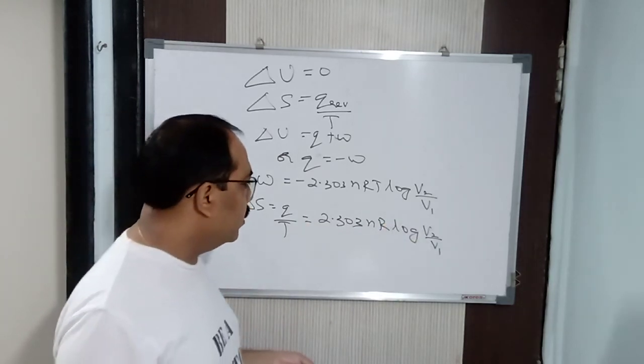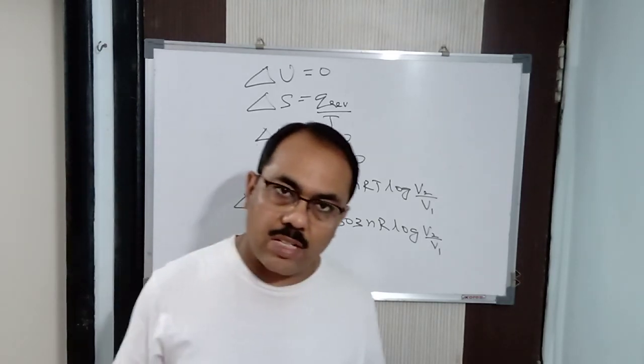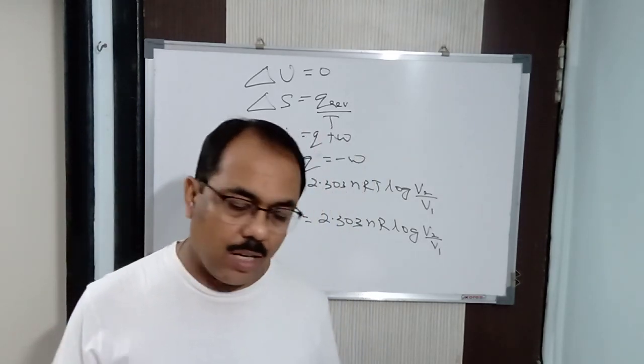That also can be said. So this is the value of delta S for a reversible isothermal process of an ideal gas.